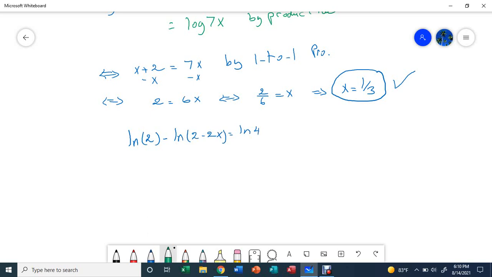I have to simplify the left hand side using the quotient rule. So ln of 2 minus ln of 2 minus 2x is the same thing as ln of 2 over 2 minus 2x, equals ln of 4, by the quotient rule.